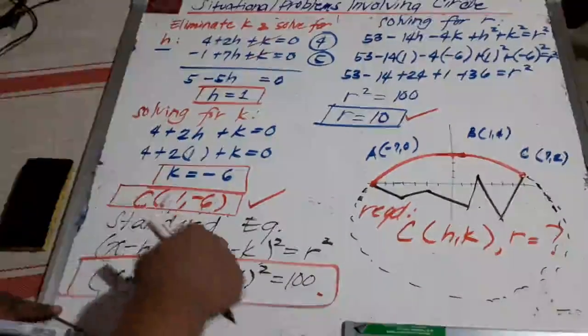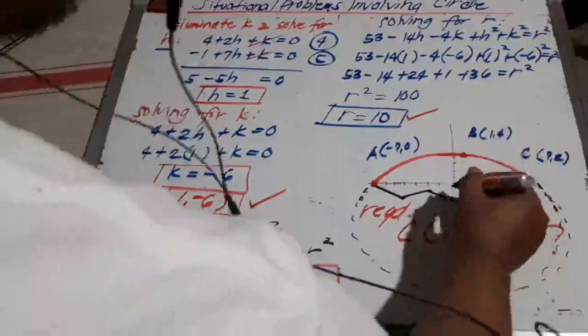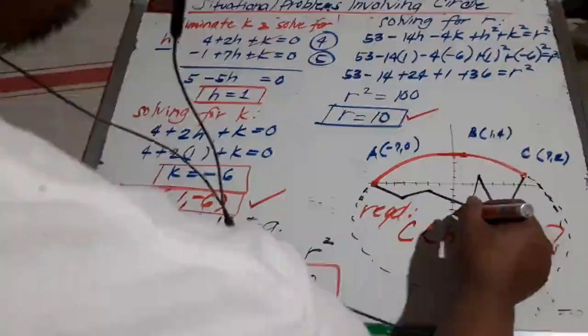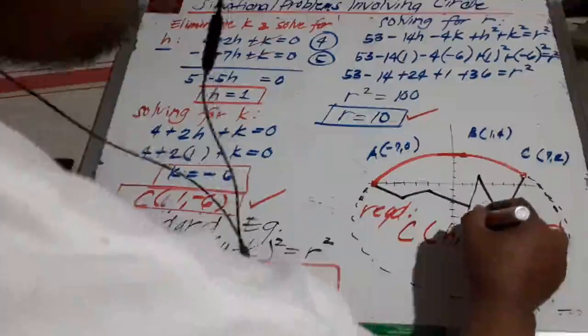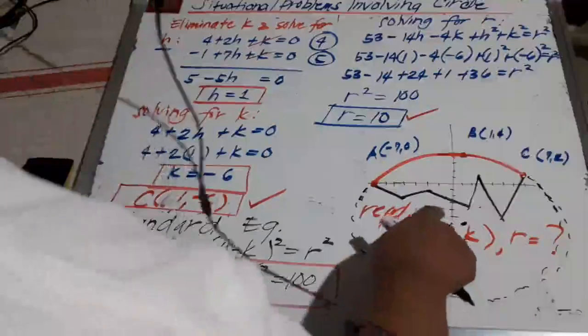So sa makatuwid, papaganito siya. Center niya ay nasa 1, negative 6. And then 1, 2, 3, 4, 5, 6. Nandito. Then ang radius niya 10. So 1, 2, 3, 4, 5, 6, 7, 8, 9, 10. O, tama doon.